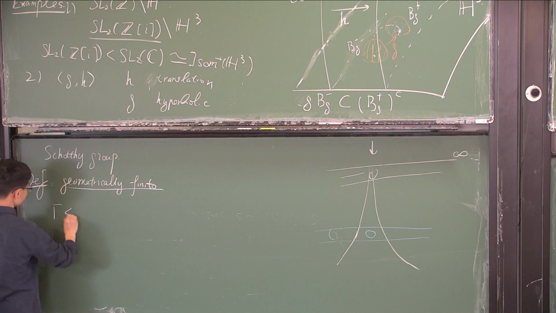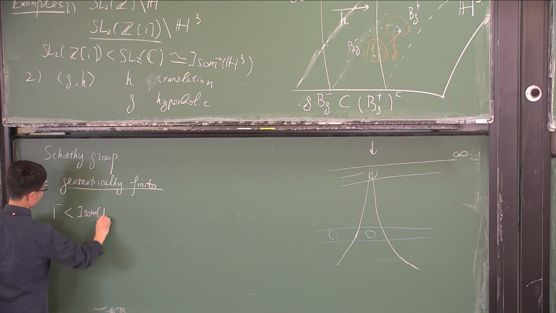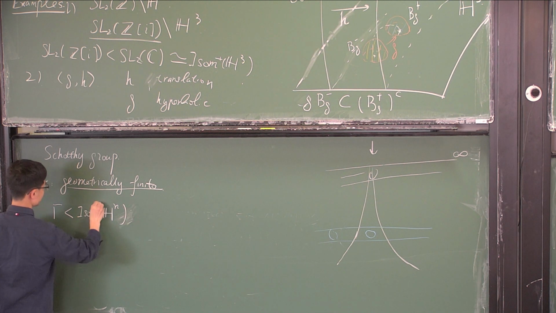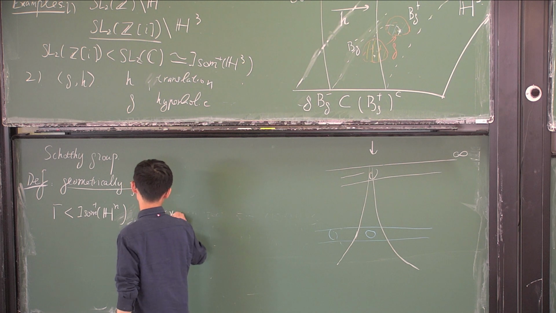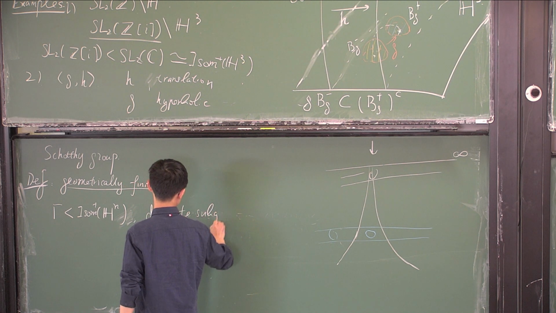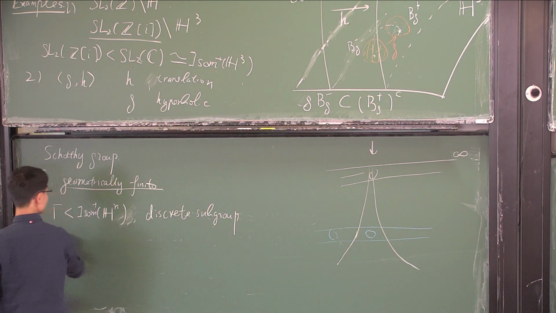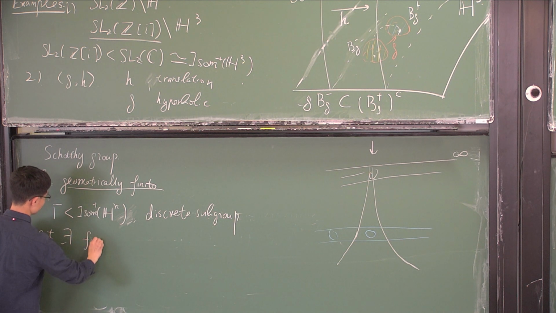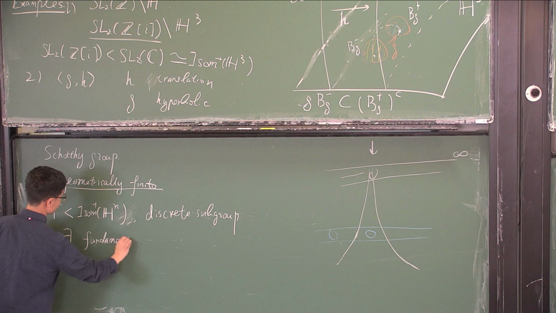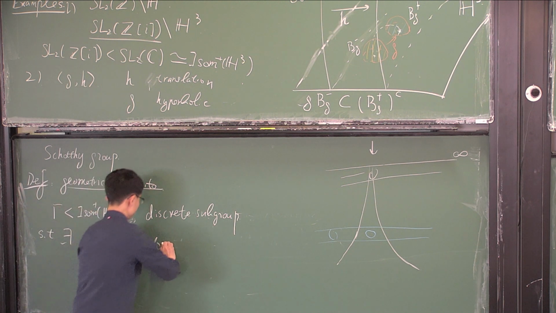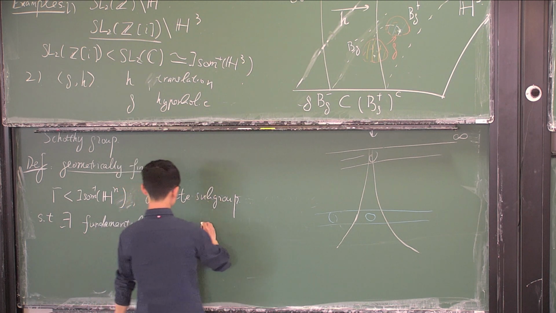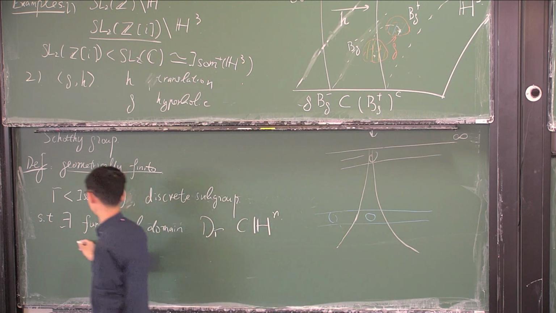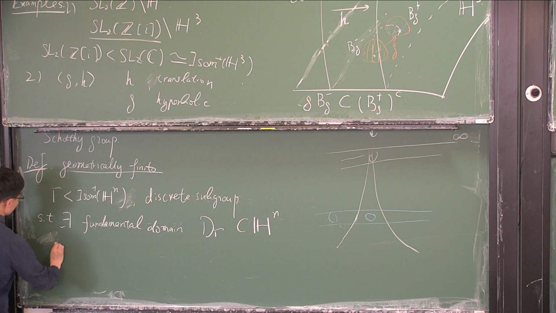Let gamma be a discrete group. Then there exists a fundamental domain D_gamma inside this H^n, which is a finite polyhedron.